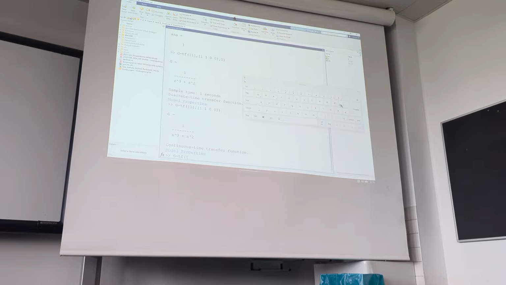Start from scratch. So G is equal to TF, and now we need to put in the coefficients for the numerator, which are 0.3678.